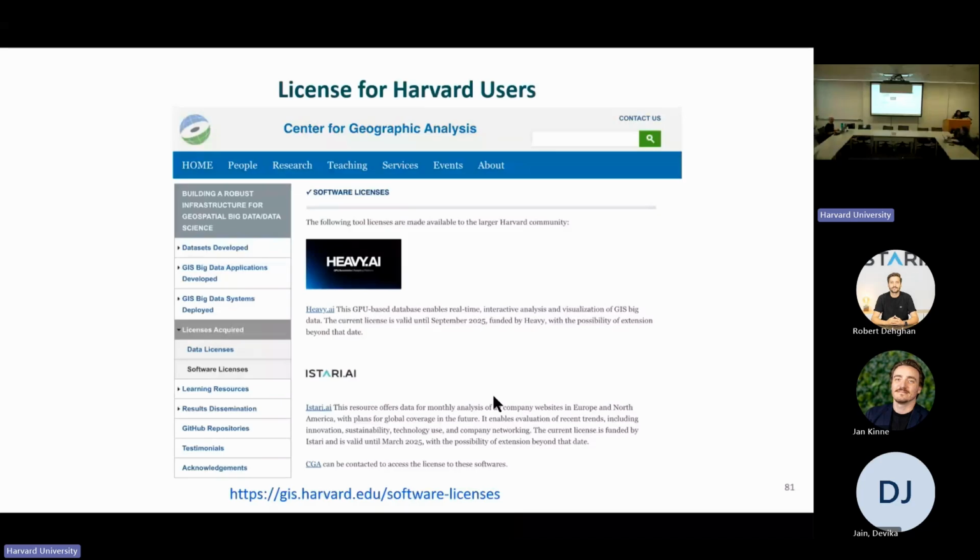And then we also provide a link to the contact form which you can fill in to get access to the data, or to talk to my colleagues from Istari to understand more if this is the right data set for your research. So please feel free to reach out to us on the CGA contact form, and we would love to hear from you.